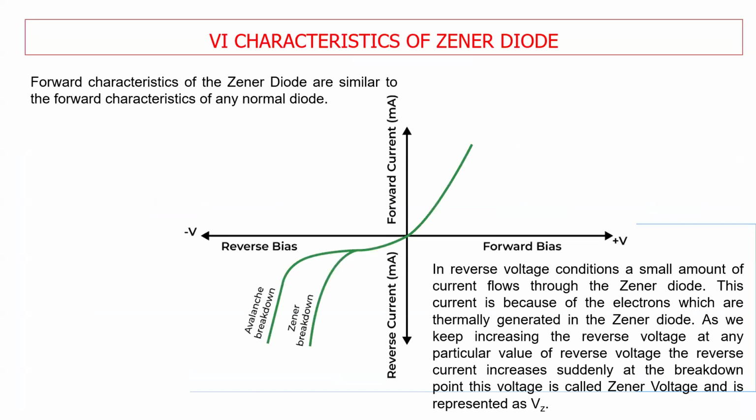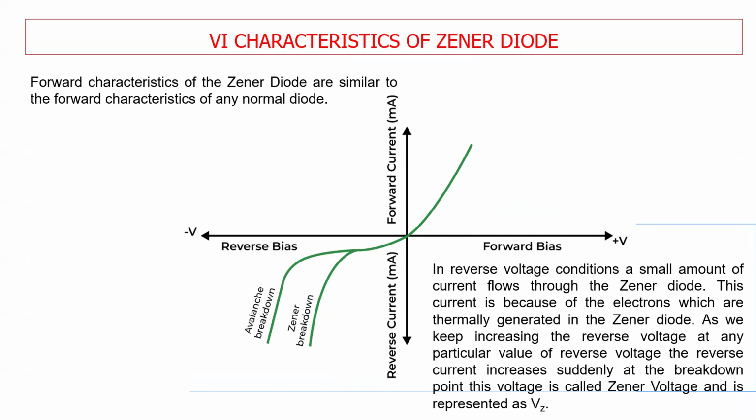By looking at the characteristics, we can see that the forward characteristics are the same as a normal PN junction diode. But in the reverse bias condition, a small amount of current flows through the Zener diode. This current is because of the thermally generated electrons in the Zener diode. When we increase the reverse voltage to around 5 volts, Zener breakdown occurs, while avalanche breakdown happens after 6 volts.